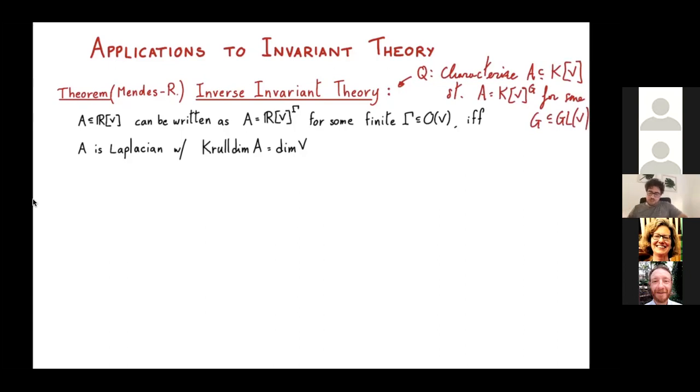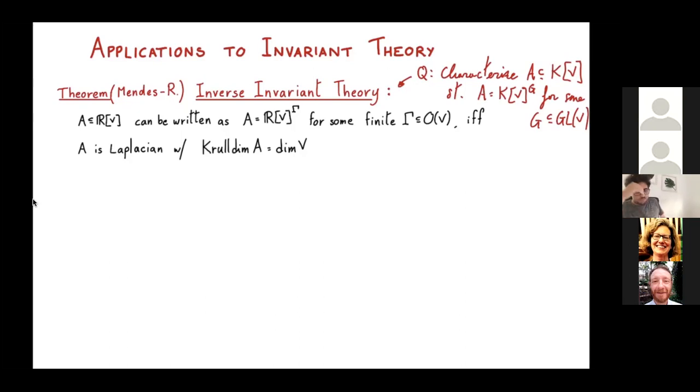This problem was only solved by Mara Neusel for positive characteristics before this, and essentially what we could do is solve this problem for finite groups over the real numbers.